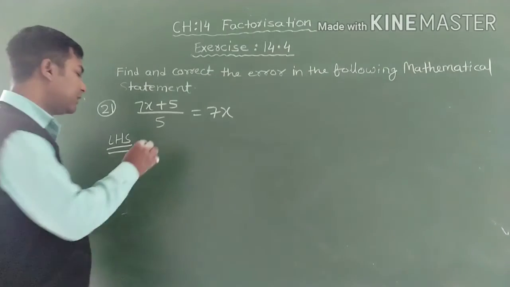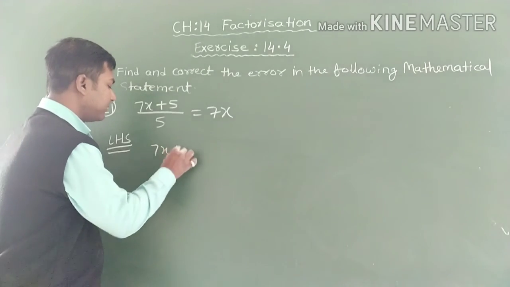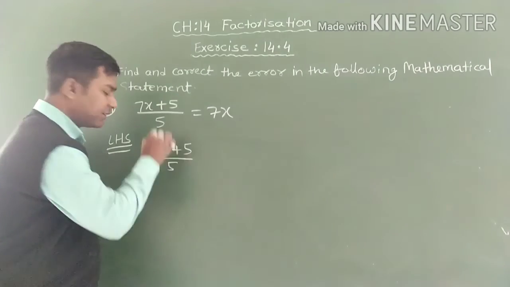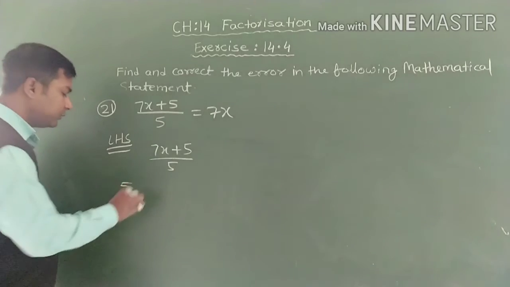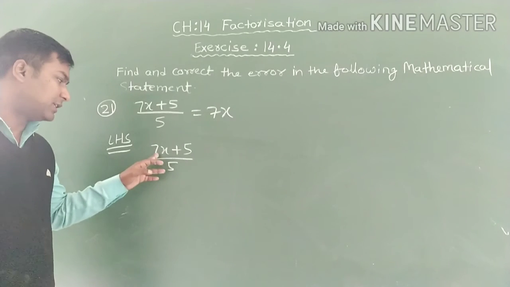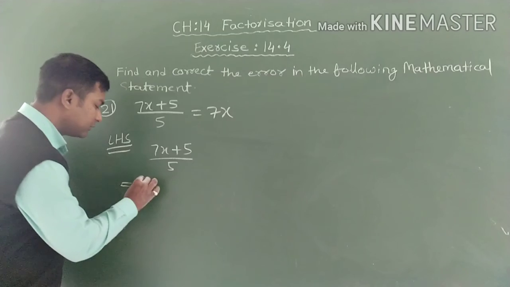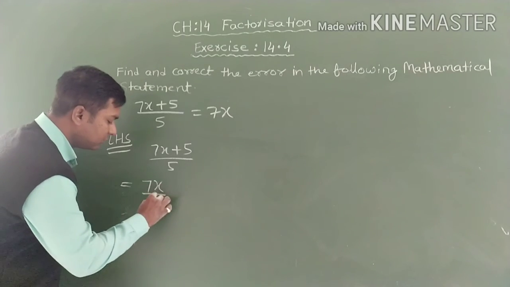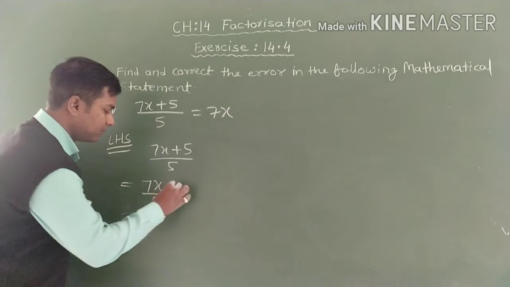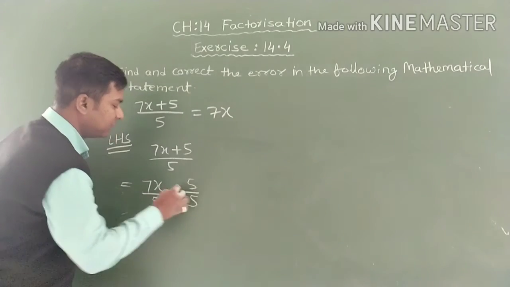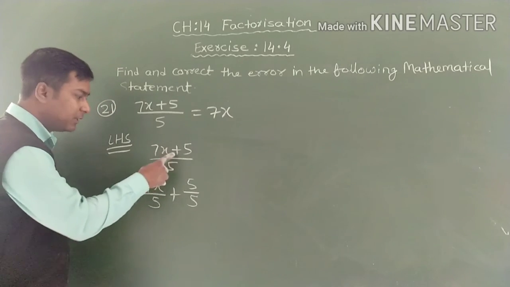The right method to solve: 7x plus 5 by 5 is given here. Now we have to split this term: 7x upon 5 plus 5 upon 5. Okay, so this is the right way to solve.